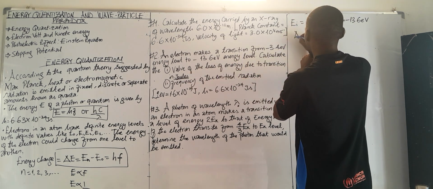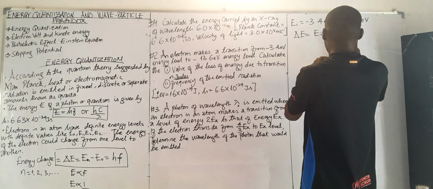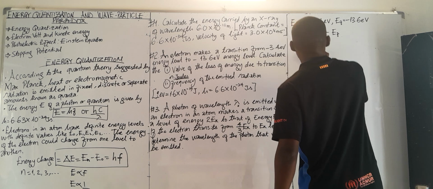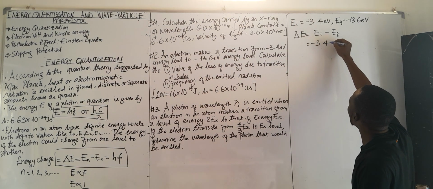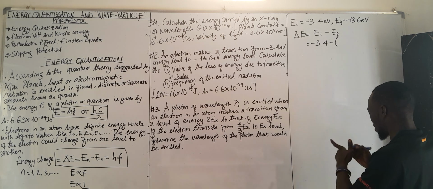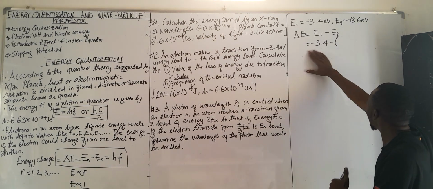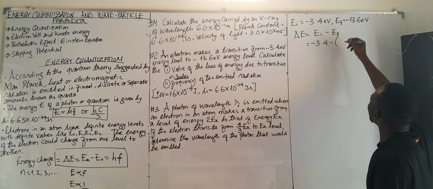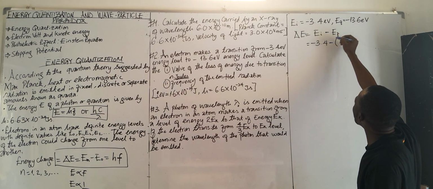So that will be change in E equals EI minus EF. Now, what is EI? EI is minus 3.4 minus EF. Please, anytime you are solving, take note of the negative sign. Minus in back, so this minus is this.